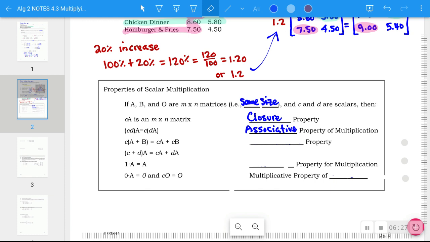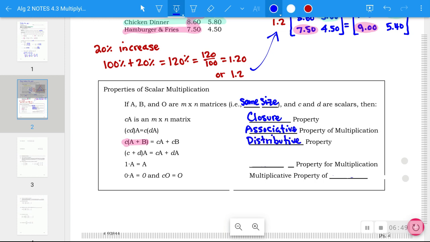The distributive property comes in two formats. In the first example here, we're multiplying a scalar, oops, hang on, let me get a highlighter going. A scalar times the sum of two matrices, then you can distribute, that's what this property is, the scalar across both matrices.